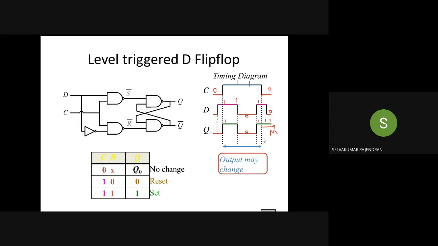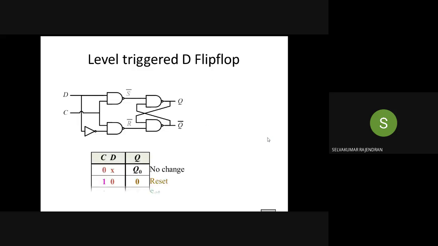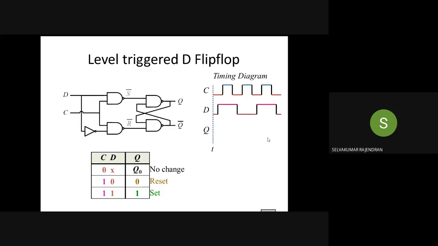So this is another example for understanding the D flip-flop. Here we are having a continuous clock signal, three clock pulses. Among these three clock pulses, we are applying input D, and then we are going to observe the output Q. Clock is 0 up to this time, so output Q also maintains the previous state value.